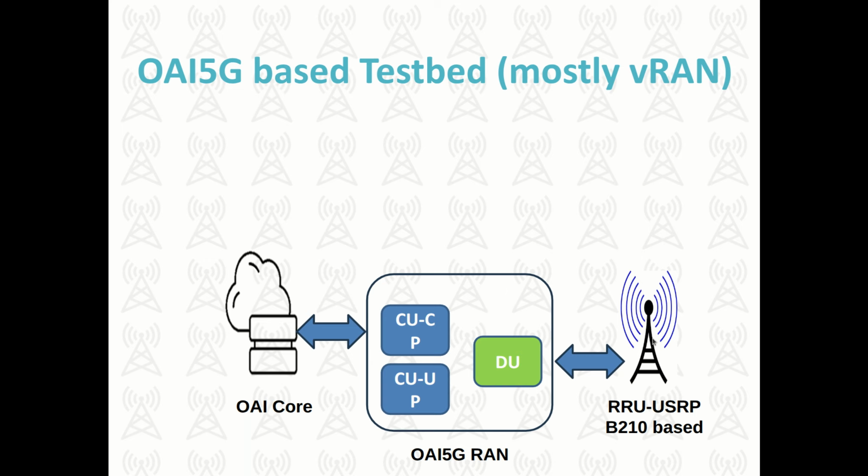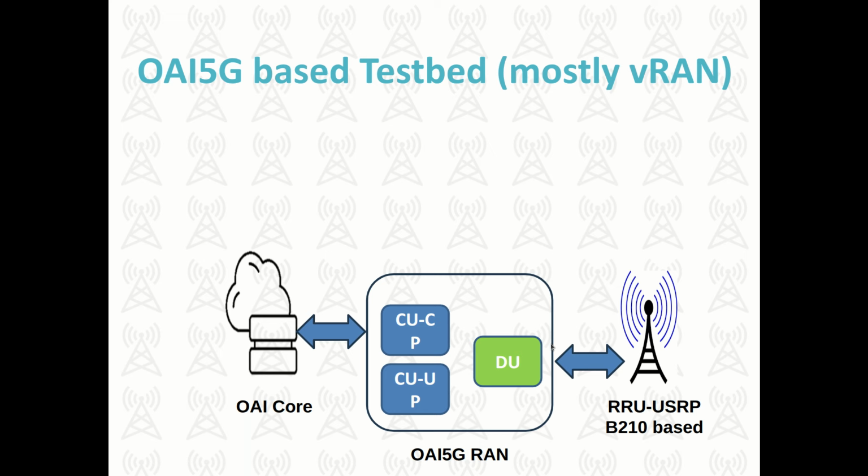The B210 USRP is one of the very popular and lowest cost SDRs, which supports 2 by 2 MIMO. Okay, so the interface between the software part of the RAN and the radio part of the RAN is through a USB 3 interface.